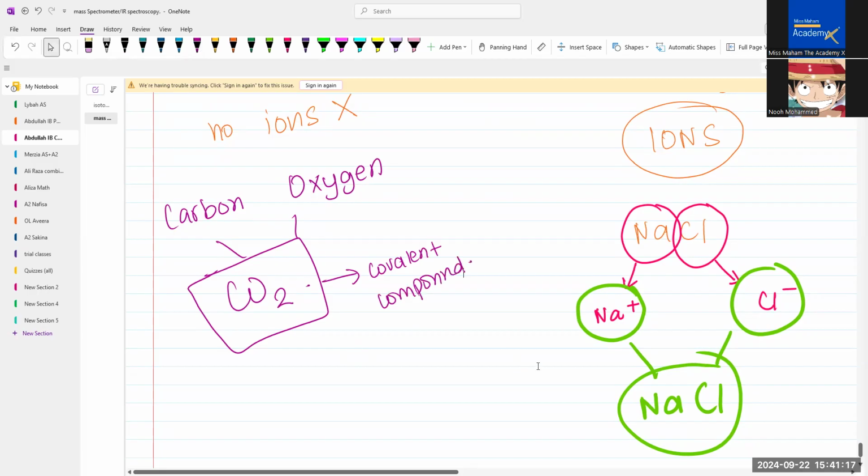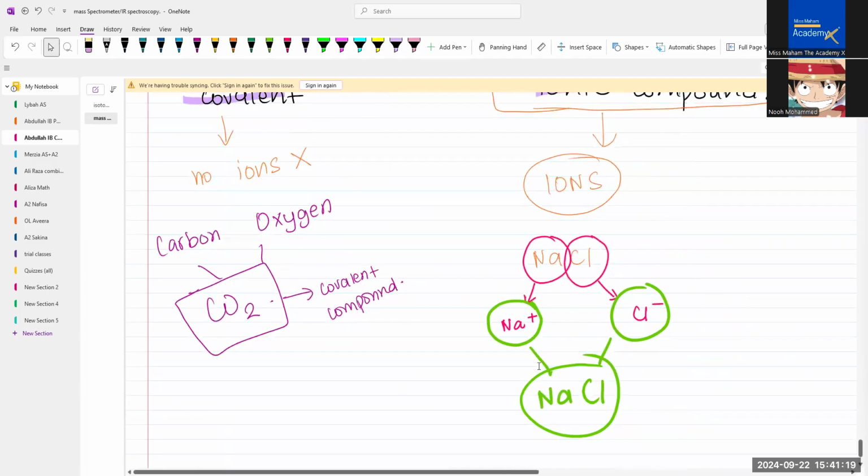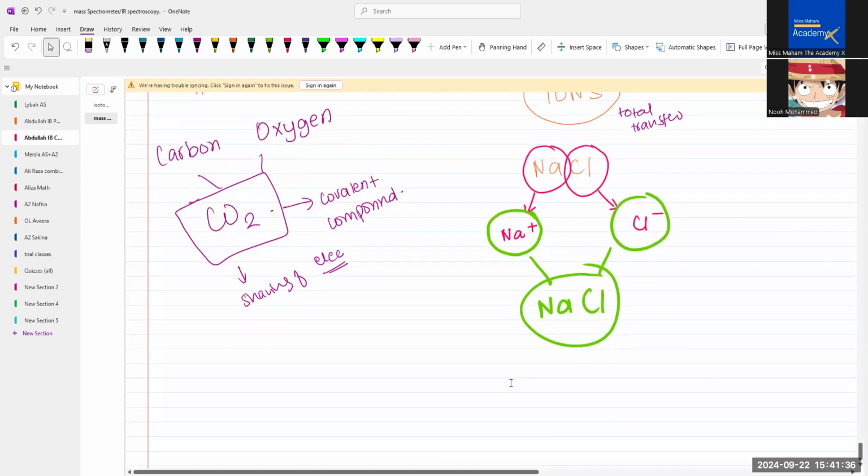In ionic compounds, total transfer of electrons takes place. And in covalent compounds, sharing of electrons takes place. This is the major distinguishing factor between the two. Now I'll tell you what this means.